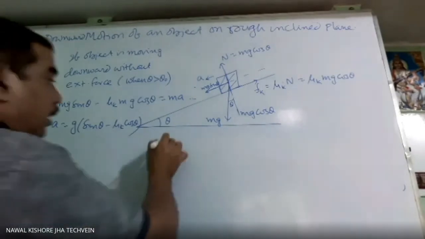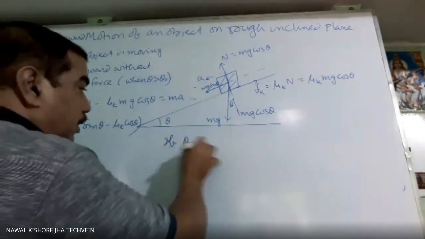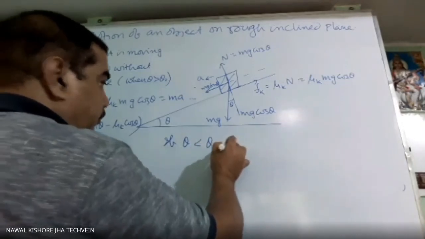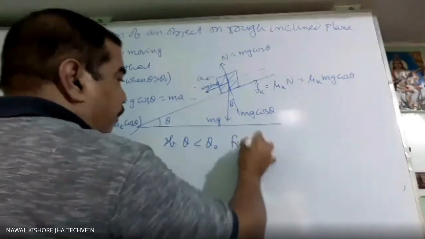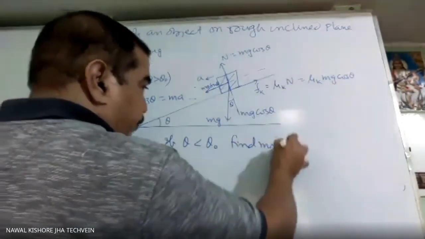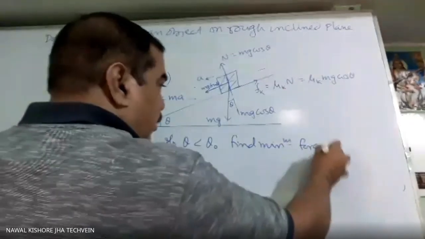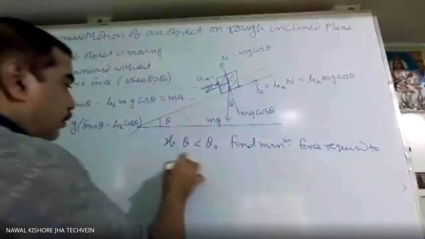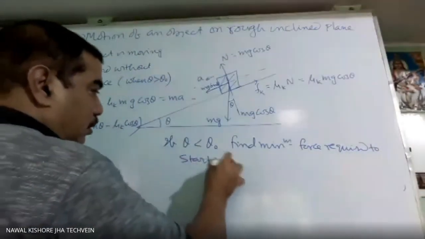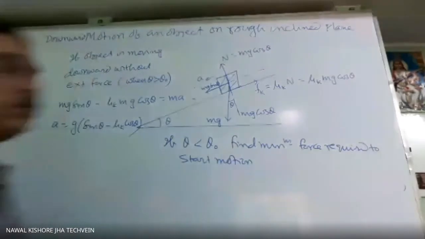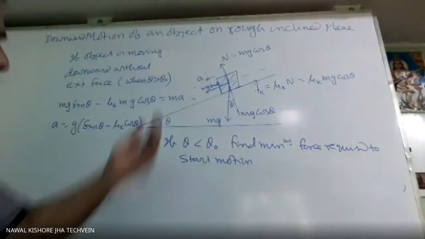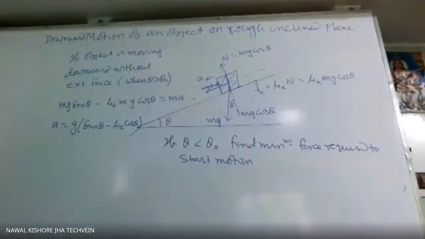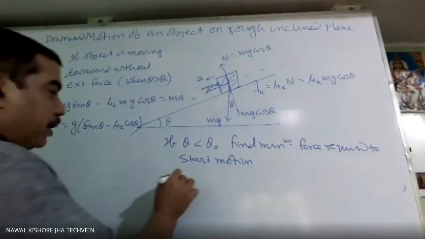Now, sometimes it will be asked, if this theta is less than theta naught, find the minimum force required to start motion. As we are interested to start motion, that means on this side limiting friction will act. So in that case, what will it become?